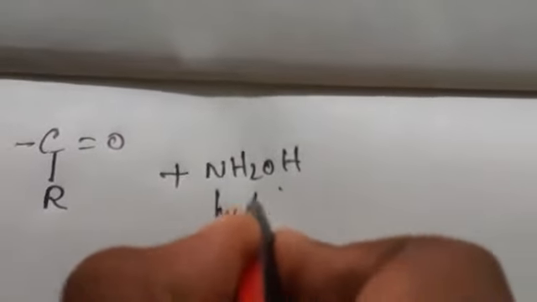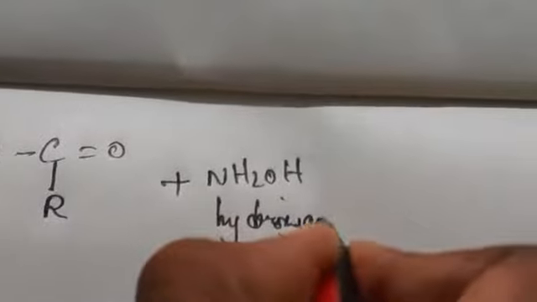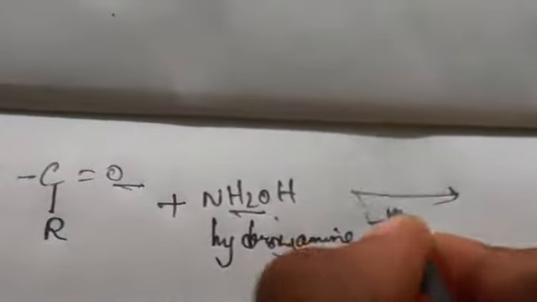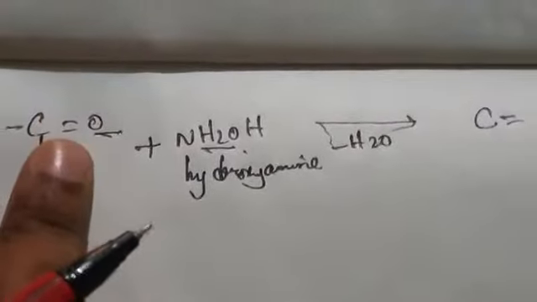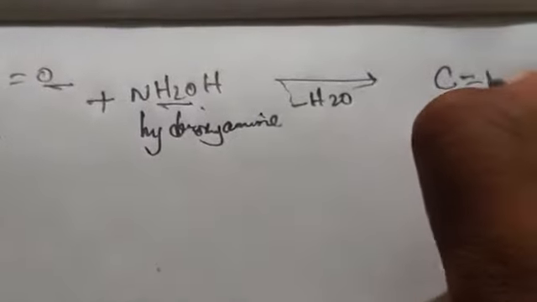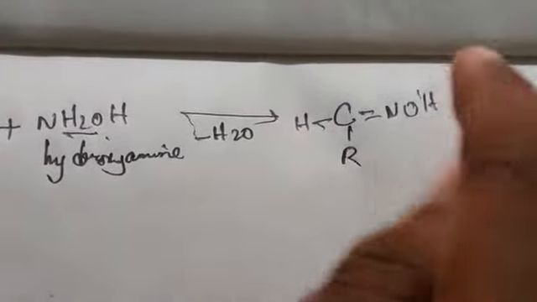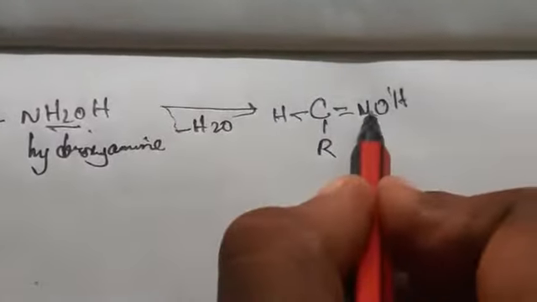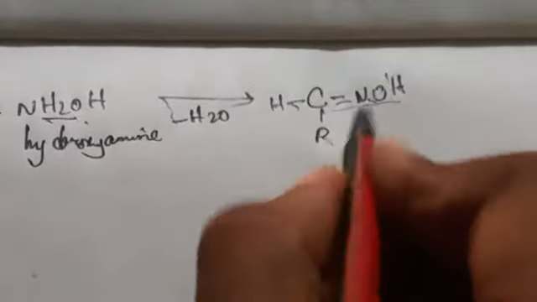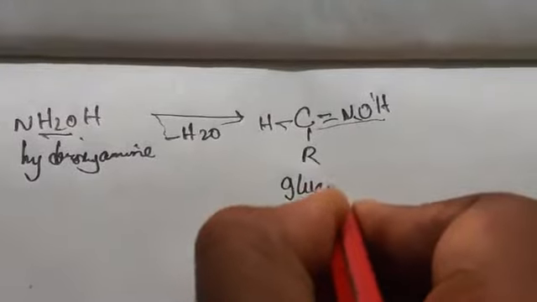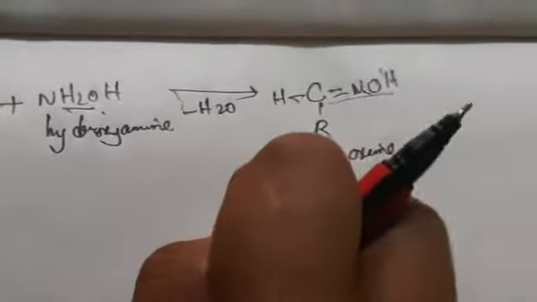When we treat with hydroxylamine, there will be a loss of H2O, and the C double bond N is formed. The NOH will add here, giving CH double bond NOH, which is the functional group of oximes. So we are getting glucose oxime.